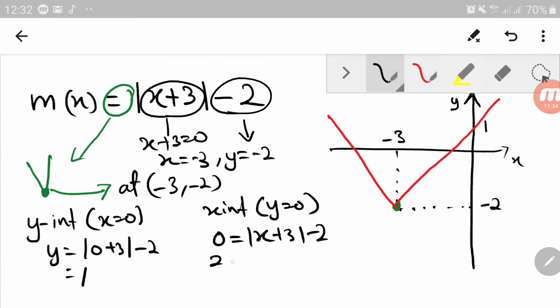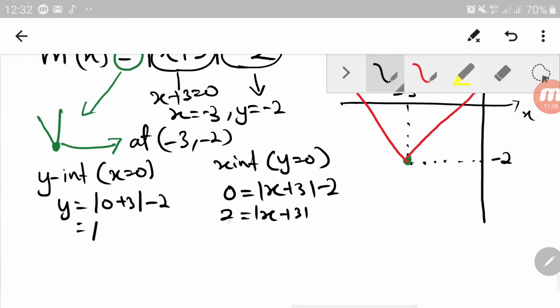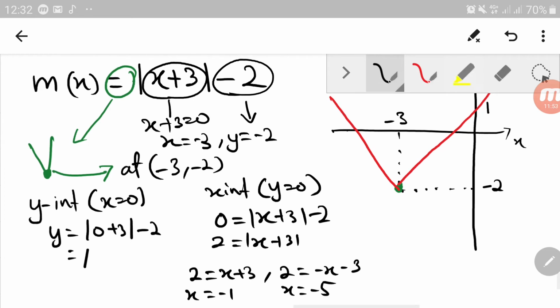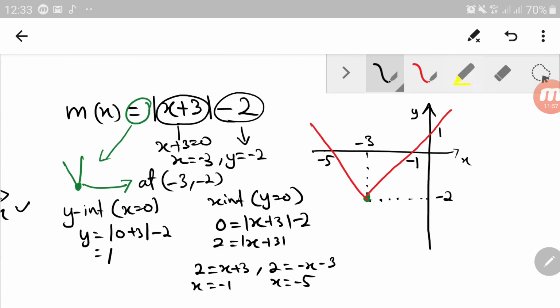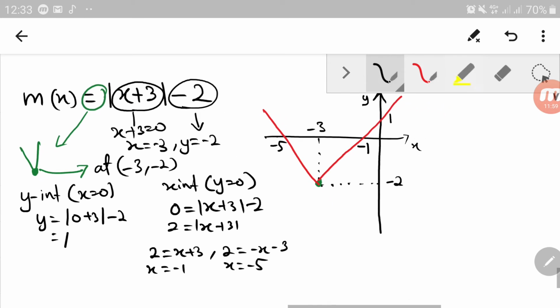Bring 2 over there: 2 equals modulus of x plus 3. Then we break it into 2 cases: 2 equals x plus 3, or 2 equals minus x minus 3. So x is minus 1, and x is minus 5. So minus 1 is obviously here, and minus 5 is obviously here. So this is the function.